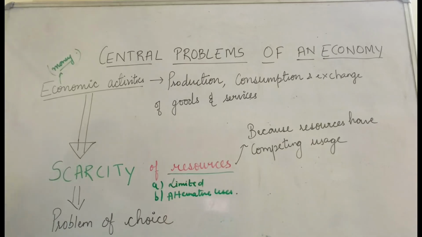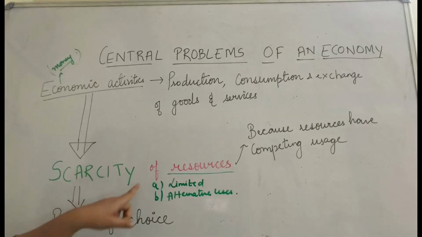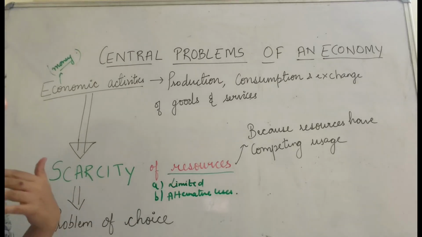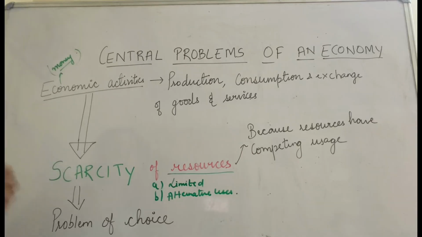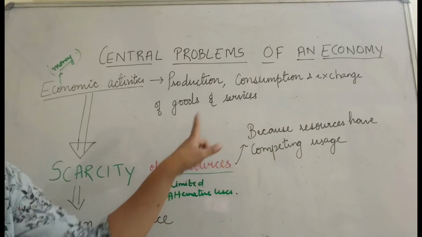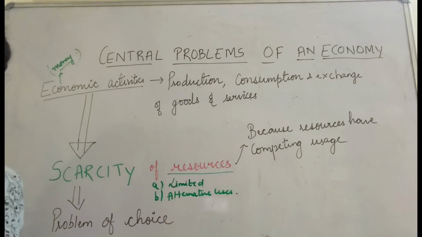The same resource can be put to multiple uses, and because of these characteristics of resources, any economy will face the problem of scarcity of resources and has to make a choice where to allocate these resources. That is termed as problem of choice, because resources have competing usage.